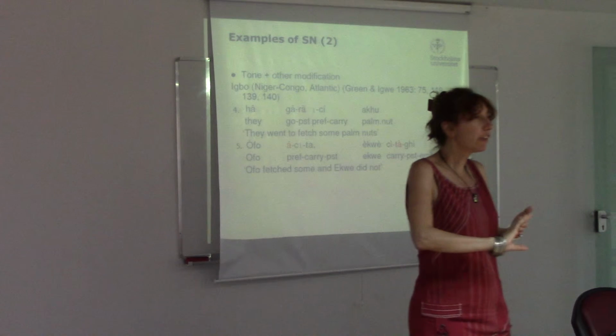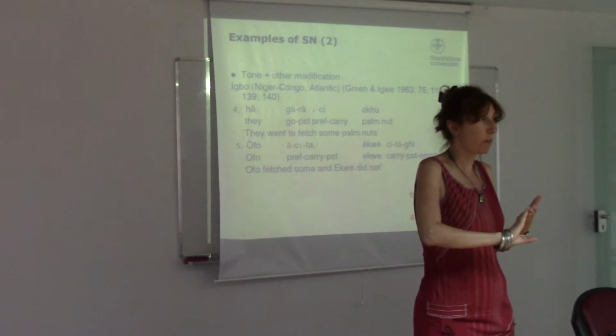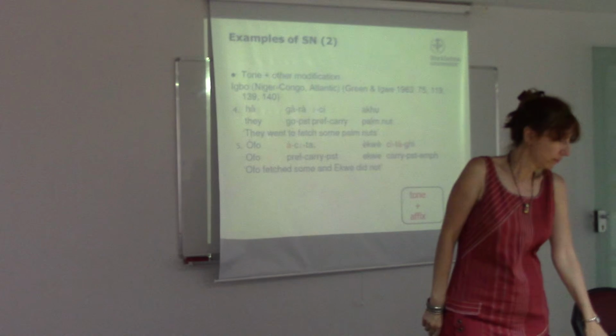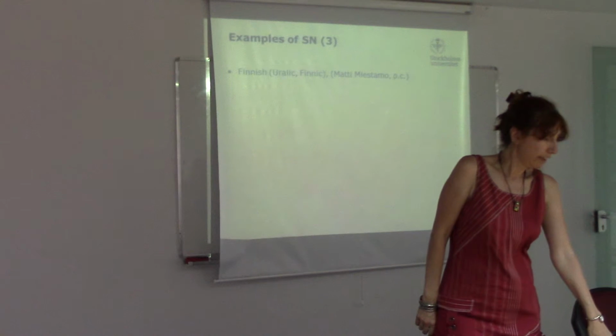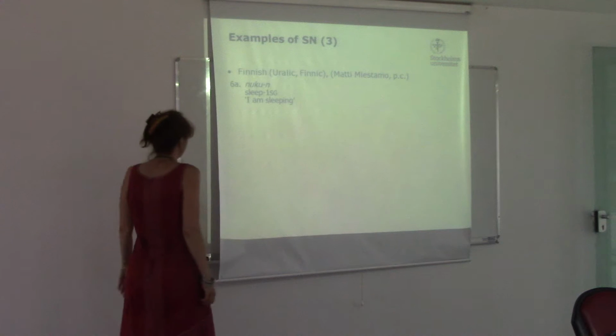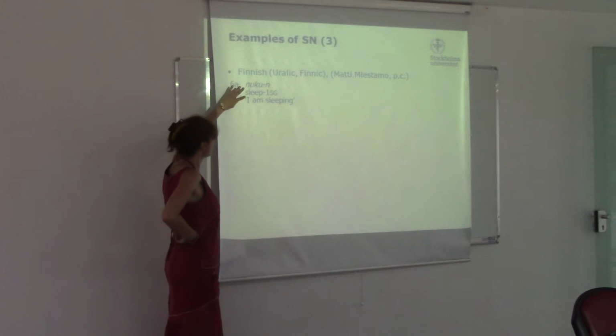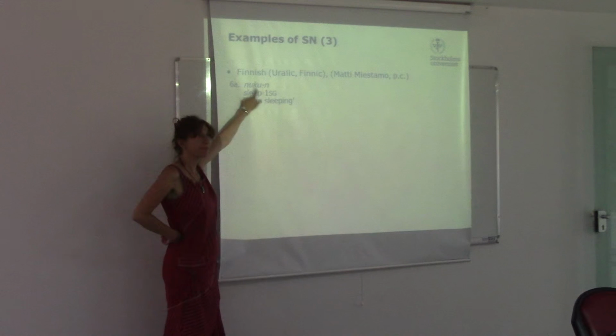Now we're getting into the fact that negation may be expressed by special verbs. One such language is Finnish, so you have something like "I'm sleeping," and you have the stem and the person number suffix, finite form.